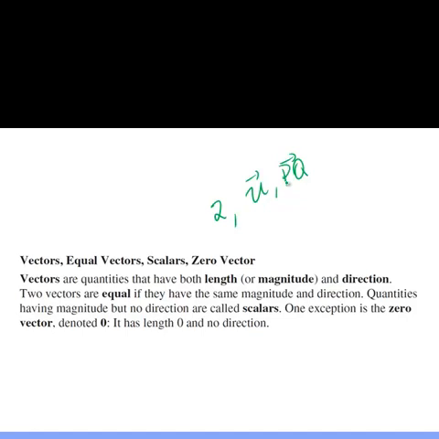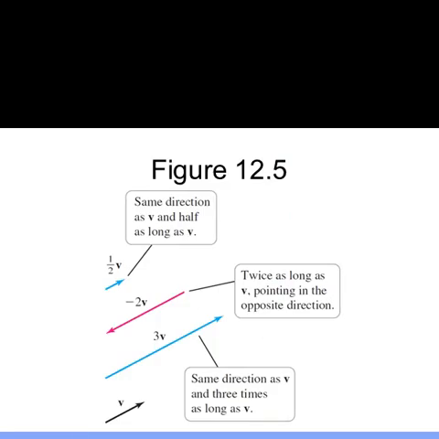All right. Now, here's one interesting vector called the zero vector. The zero vector is a vector. It has a magnitude of 0, but no particular direction. So it seems kind of weird, but it plays an important role in the algebra of vectors.